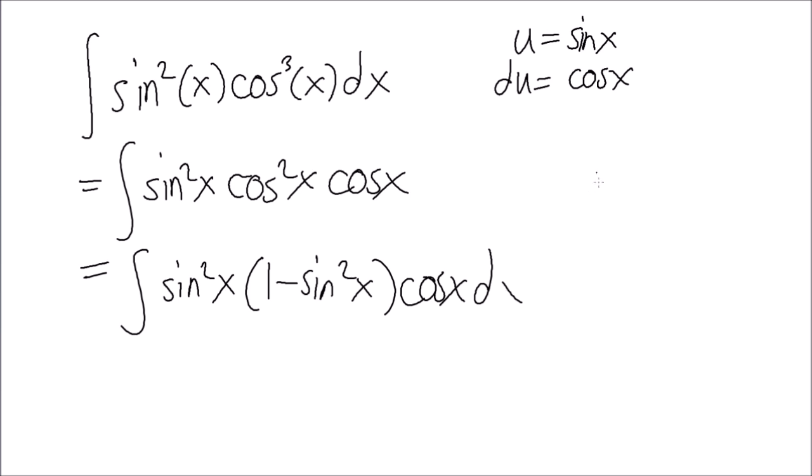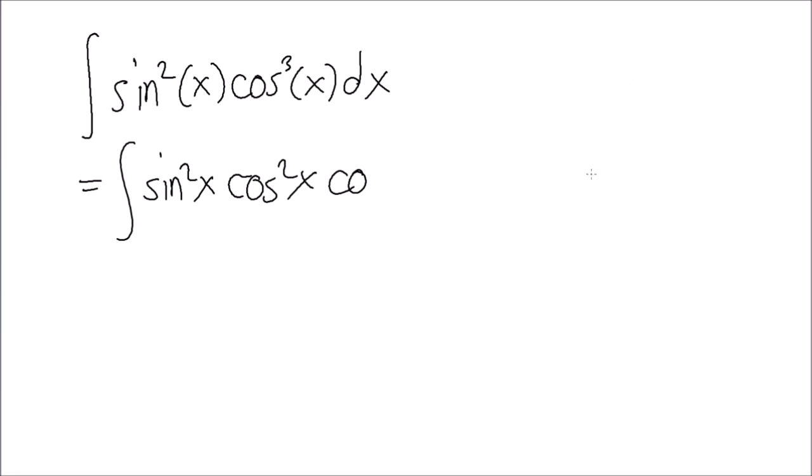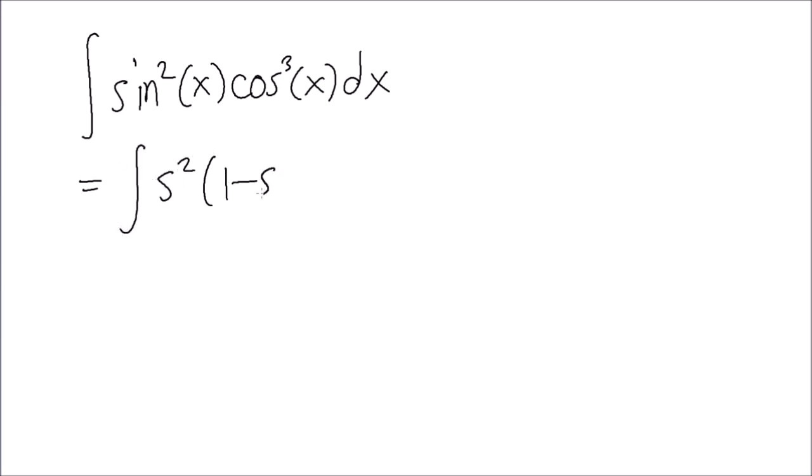Now, going a little further back, in integration B, if you remember from integration by parts, I like to abbreviate sine and cosine. It's a little easier, a little faster to go like this. Okay, we got sine square, 1 minus sine square, and then cosine here.